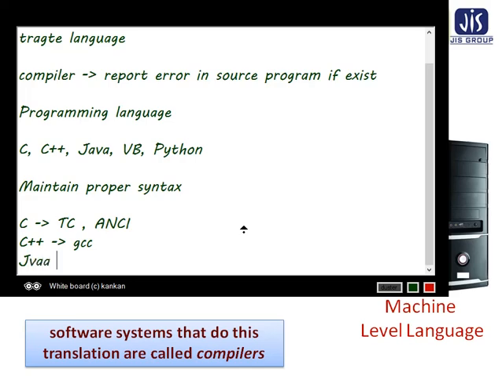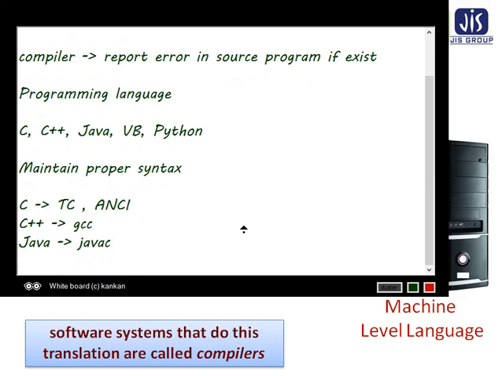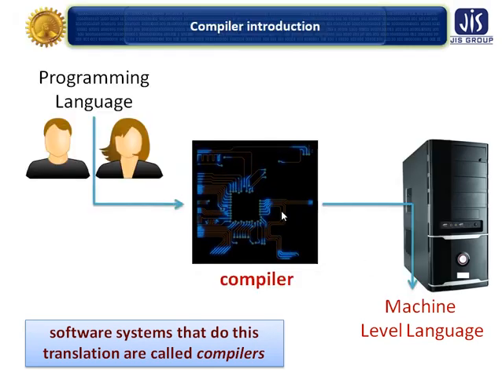In Java, we have its own compiler. These are all compilers that help to find errors in syntax, if any. If there is no error, then the compiler will convert the program into the corresponding object code, which can be understood at the machine level.